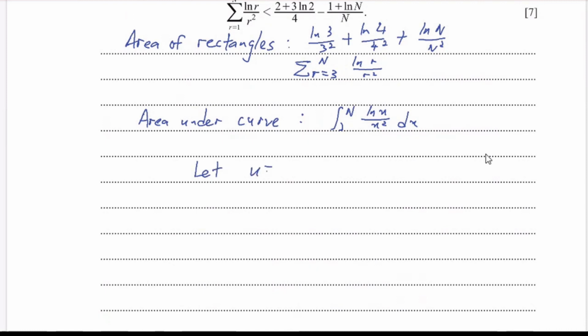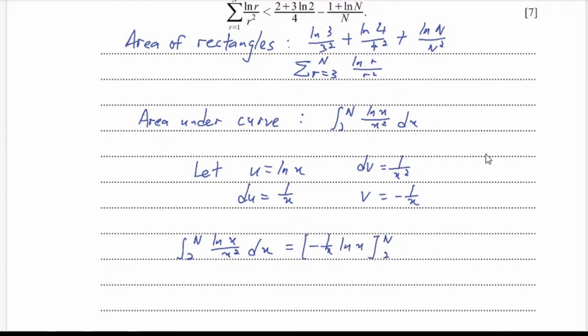If we let u be ln x and dv/dx be 1 over x squared, then du/dx is 1 over x, and v is negative 1 over x. When we integrate this expression, it is uv minus the integral of v du/dx.